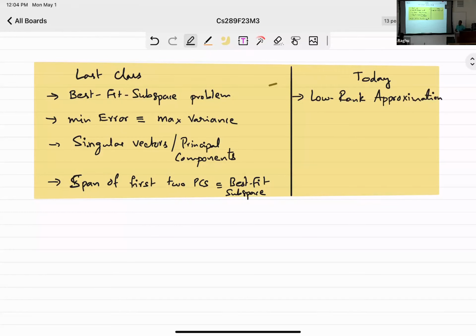So we'll talk about this question, and then we'll talk about one of the most important tools in linear algebra and in optimization called singular value decomposition. And finally, we'll talk about how to actually solve the computational question.